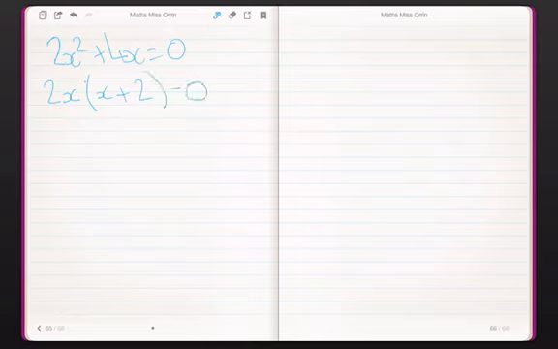Okay, so now we can figure out what x would equal for this to be true. If it's here, x has got to be 0 again because 2 times 0 would be 0. And inside the brackets, x has got to be -2 because -2 plus 2 is 0. So this is the same step as before, but if you can, you must take out a common factor first, all right?